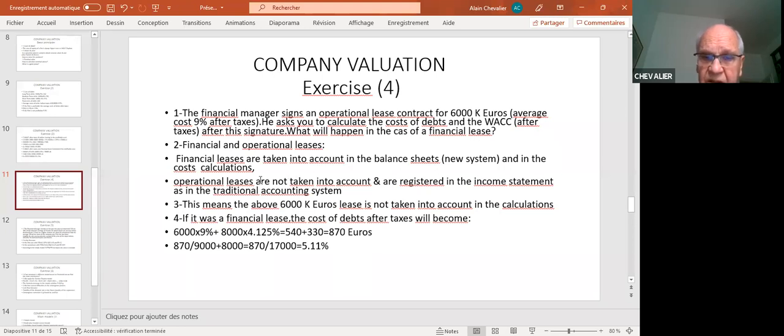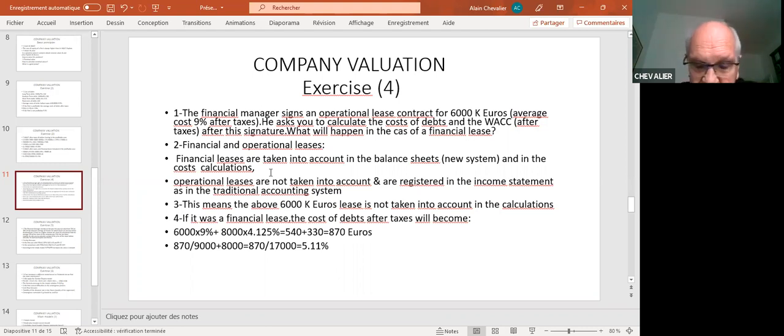If you have a look at the principles, financial leases are taken into account in the balance sheets, in the new system, the IFRS, and in the cost calculations. It means when you have a financial lease, it's supposed to be a kind of specific legal and tax presentation of a debt contract. On the contrary, operational leases are not taken into account and are registered only in the income statement as in the traditional accounting system.